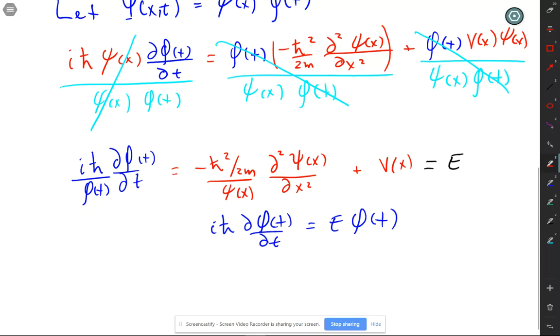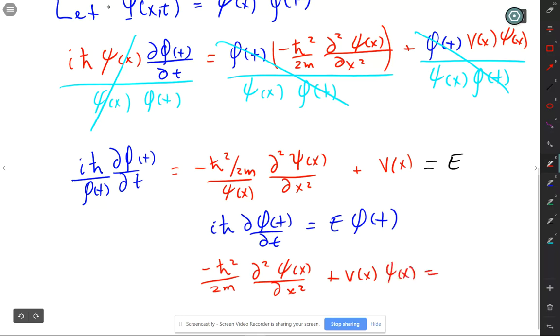It's just always there. The second equation then is going to be minus h bar squared over 2m d second psi of x dx squared plus V of x psi of x equals E psi of x.